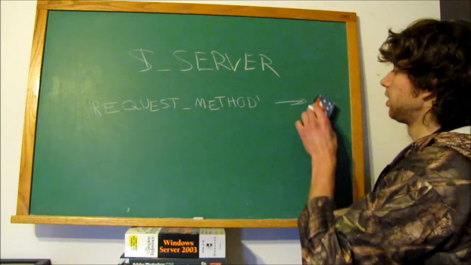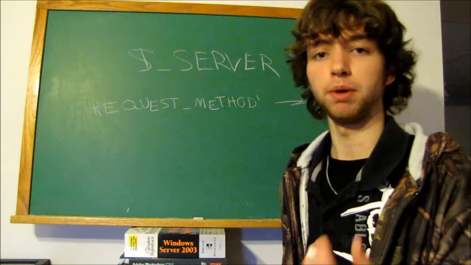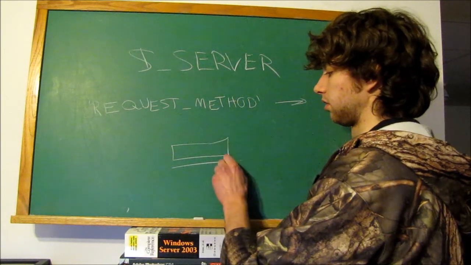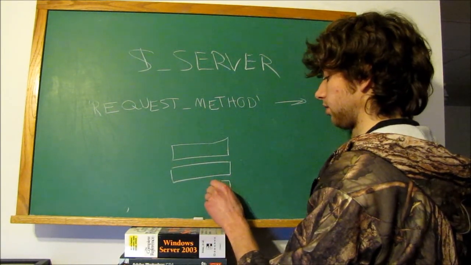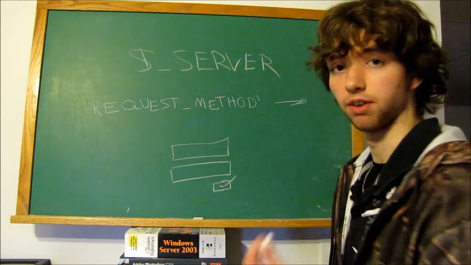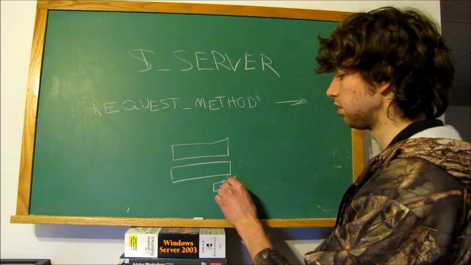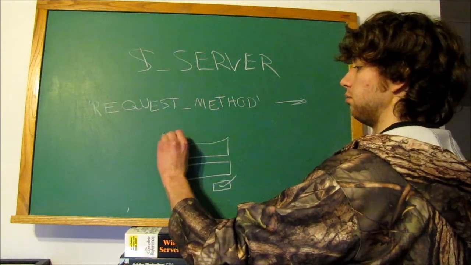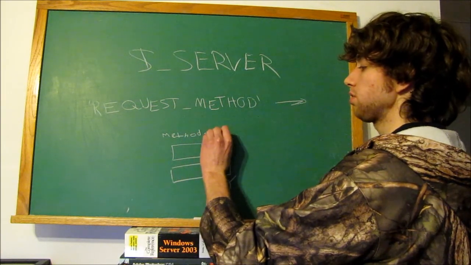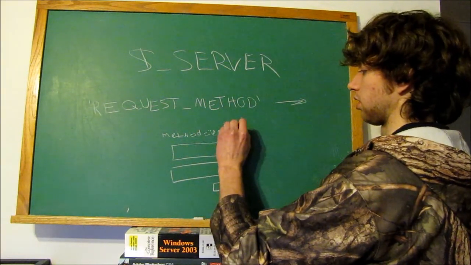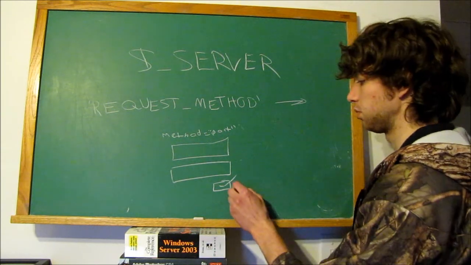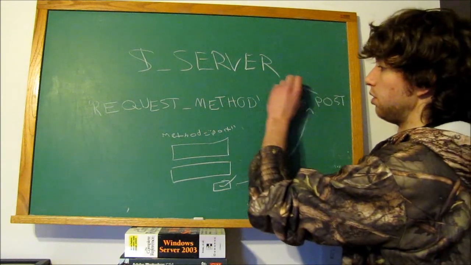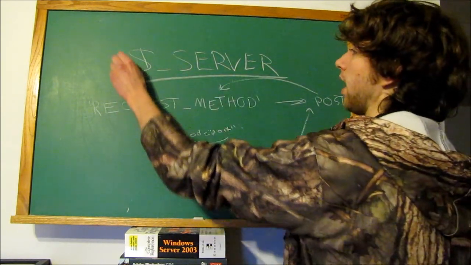Alright, so we can use that to do a little test. Basically, when we have the form displayed, so here's our form, and a little submit button. When we submit this form, if it says method equals post, well, that means it's going to assign the value post to this key of this array.